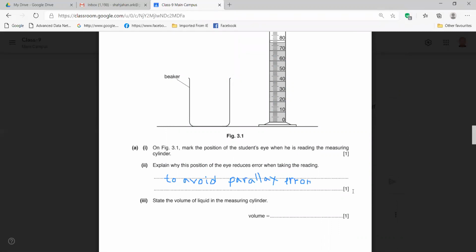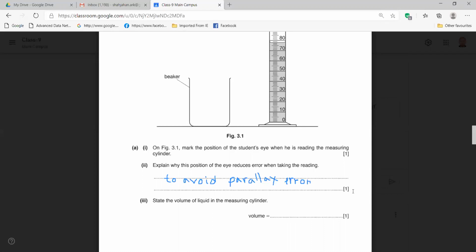Okay, the definition is the error we are getting in the reading of the liquid level for the unparalleled position of the eye level. It is the shortest definition. Can you repeat it again, sir? The error in the liquid level reading we are getting due to the unparalleled position of the eye level. So is it clear? Yes, sir. Okay, now continue.